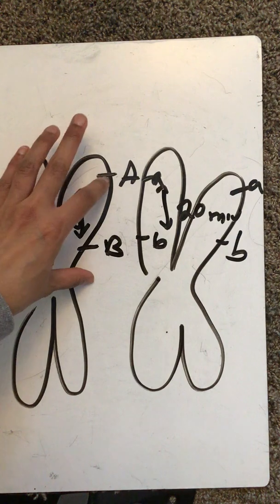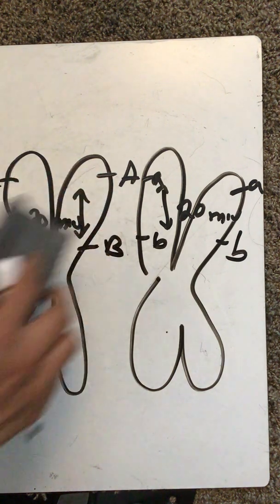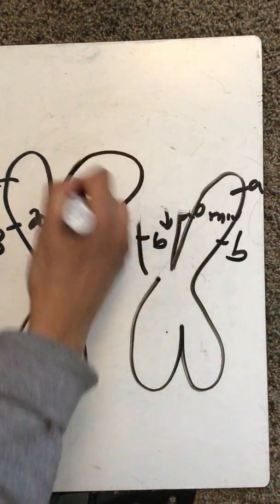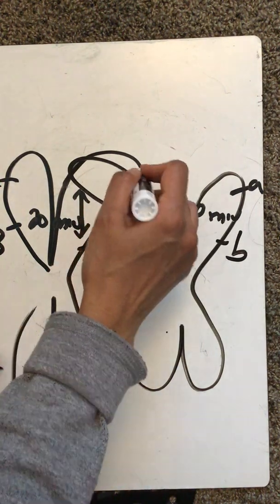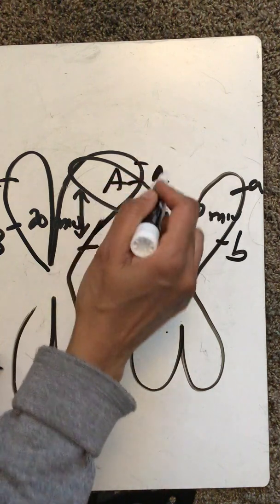You can see that genes A and B are way further apart than they were in the last example, where they were only one map unit apart. Now let's say the same region crosses over. This region crosses over with this region like that. You're going to get little a here and big A over here.